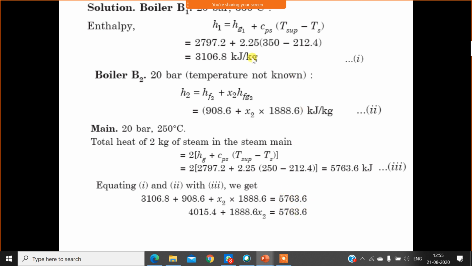We know the enthalpy for equation 1, we know the enthalpy for equation 3, and we don't know the enthalpy for equation 2, where H2 and X2 are unknown. Therefore, 3106.8 plus 908.6 plus X2 times 1888.6 is equal to 5763.6.